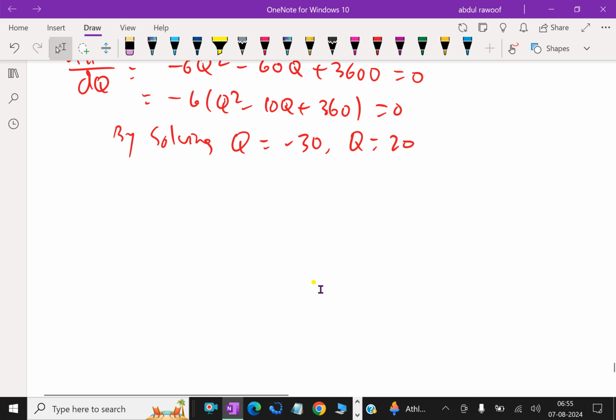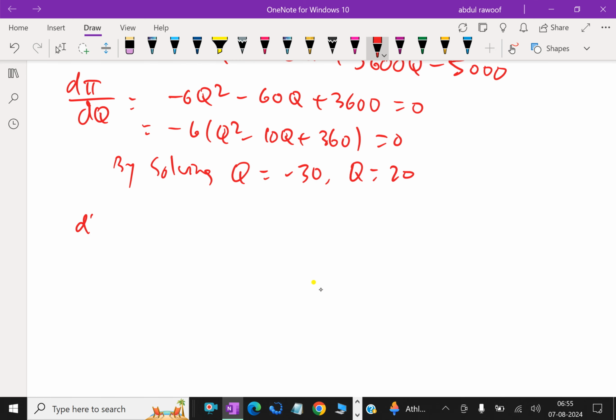Now take the second derivative of this function, that is d squared pi over dq square, which equals minus 12q minus 60.